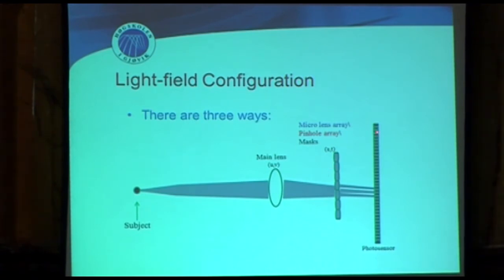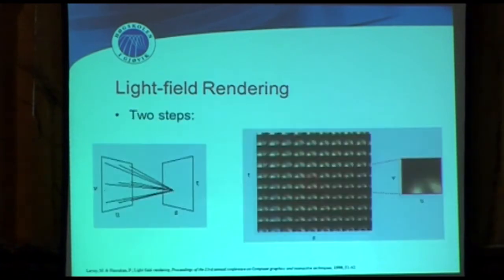It can be arranged in the infinite focus, that is, all these micro lenses are focused on the main lens. Thus, from the perspective of the micro lens, it will look like it is focused at infinity. And in the second case, each of these micro lenses is focused at a different focal length, so that we can extract additional information. So this is the general setup which is used to capture the light field images.